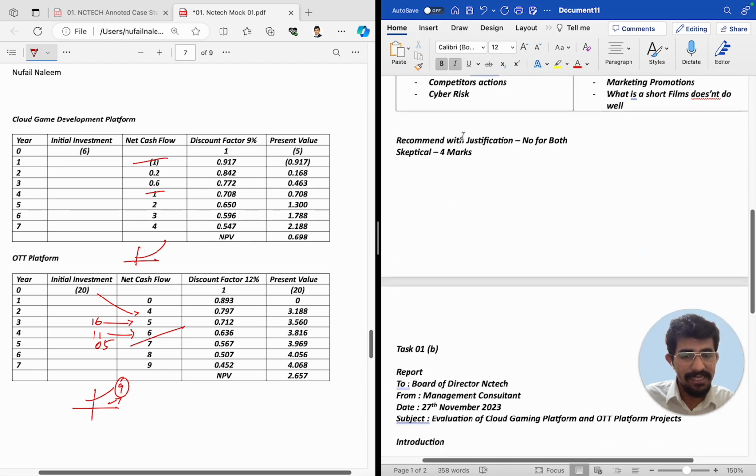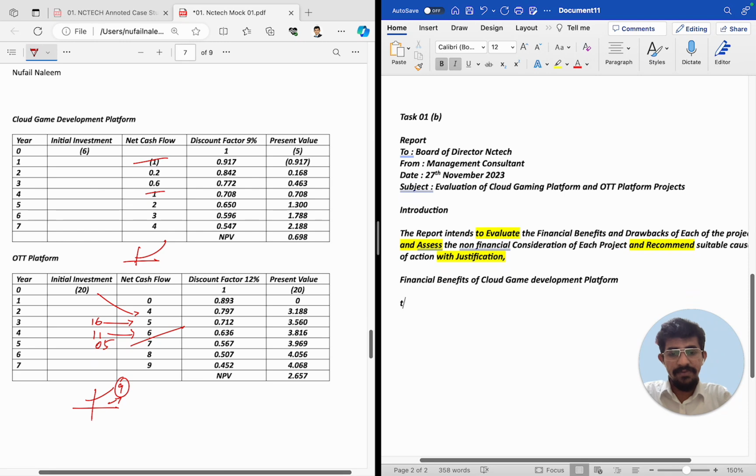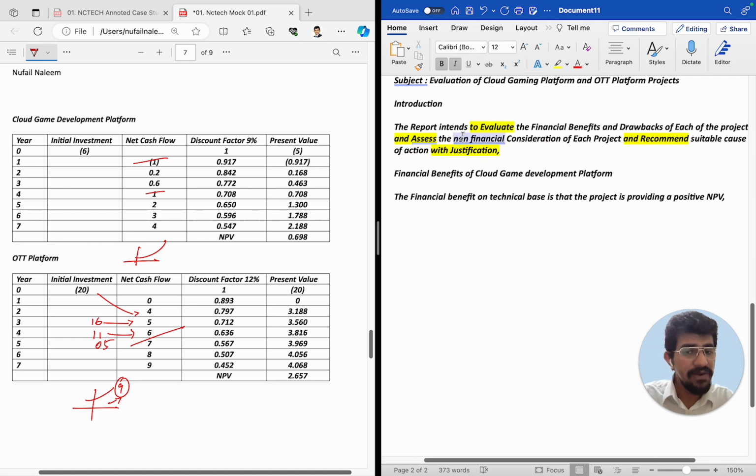So I will write down here the financial benefits on a technical basis is that the project is providing a positive NPV. Now students, this is not sufficient. You will not get marks, because you have to give some rationale behind that.